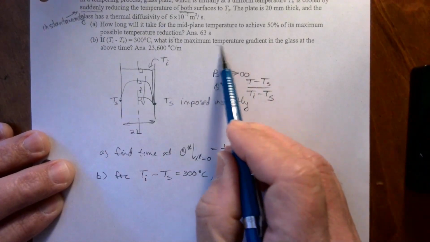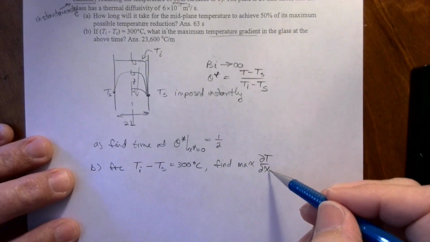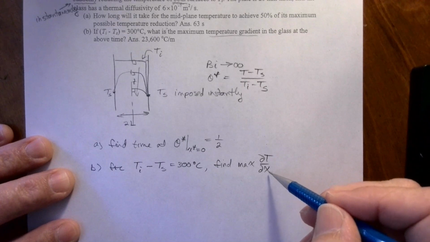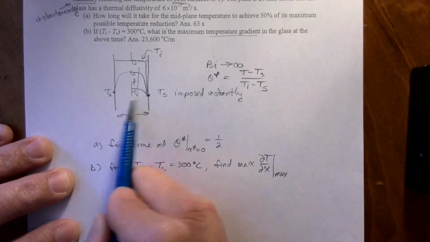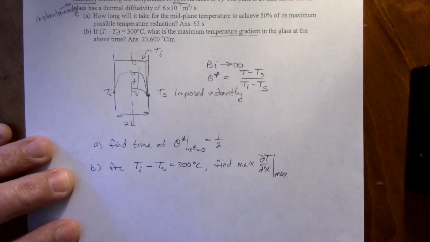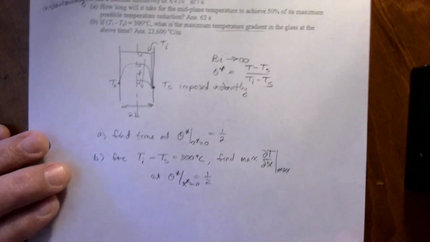The temperature gradient is the partial of T with respect to x, a spatial derivative. It wants us to find the maximum value over this entire domain at the time arrived at in the previous answer, at theta star equal to 1/2.